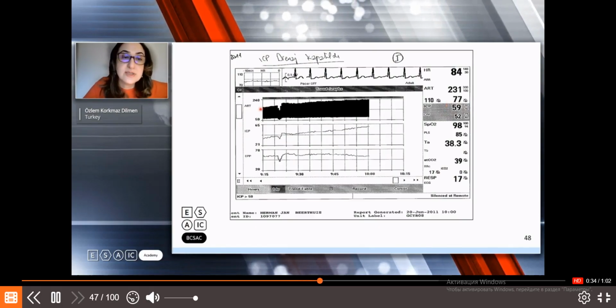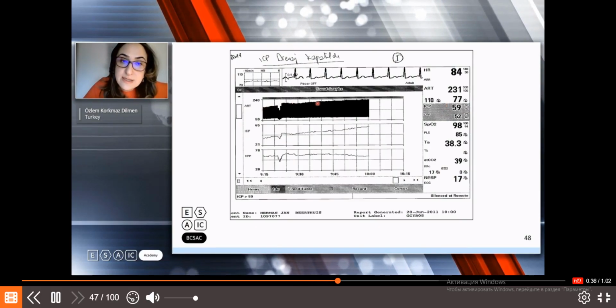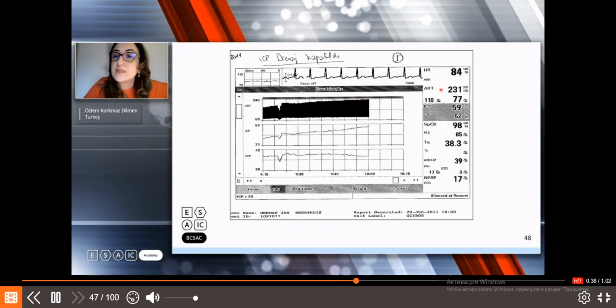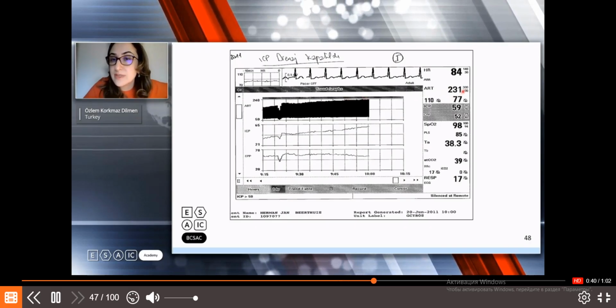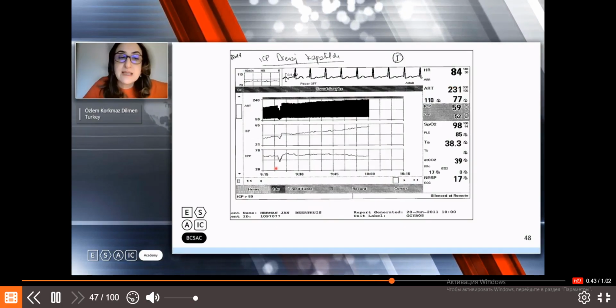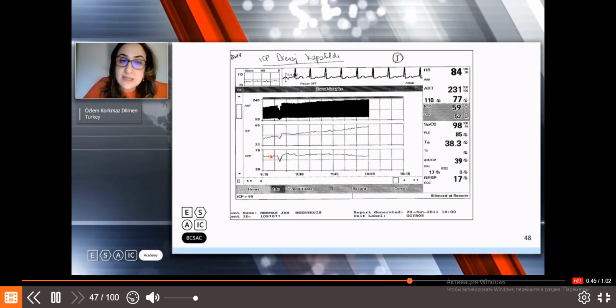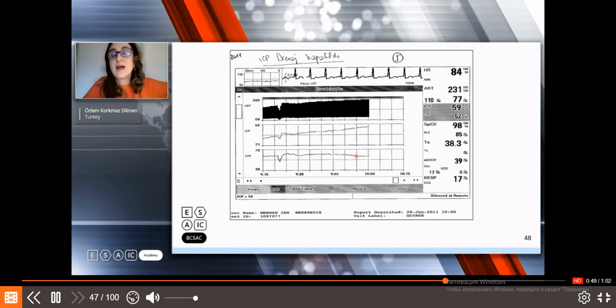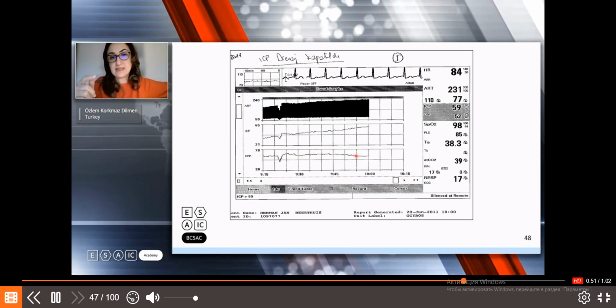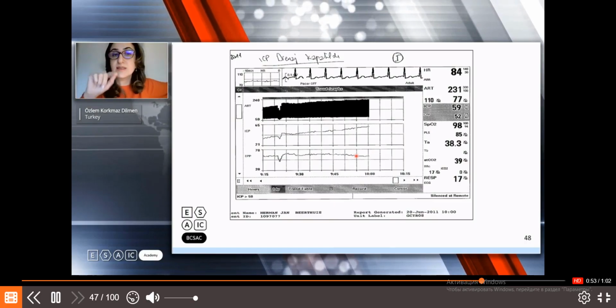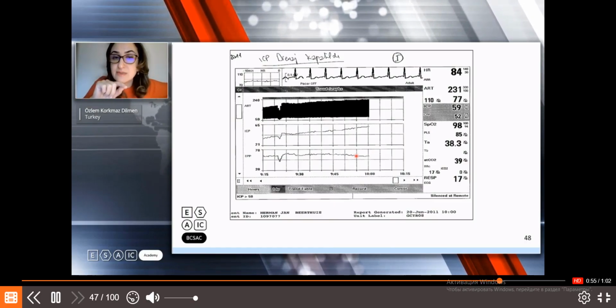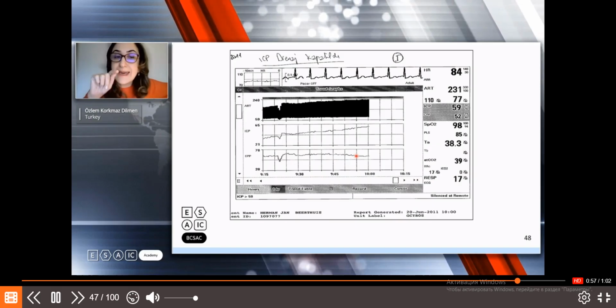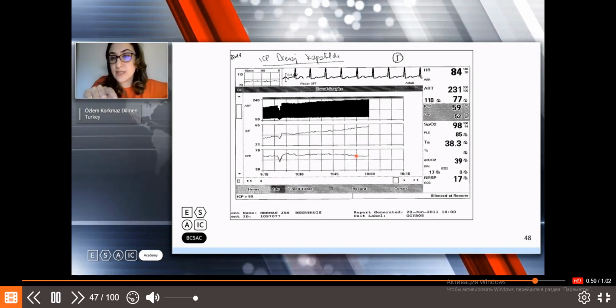And additionally, blood pressure increased up to 231 millimeter mercury. But as you see here, cerebral perfusion pressure is constant. How can we treat that case? Please note that if you give any antihypertensive drugs, you may abolish cerebral perfusion pressure.